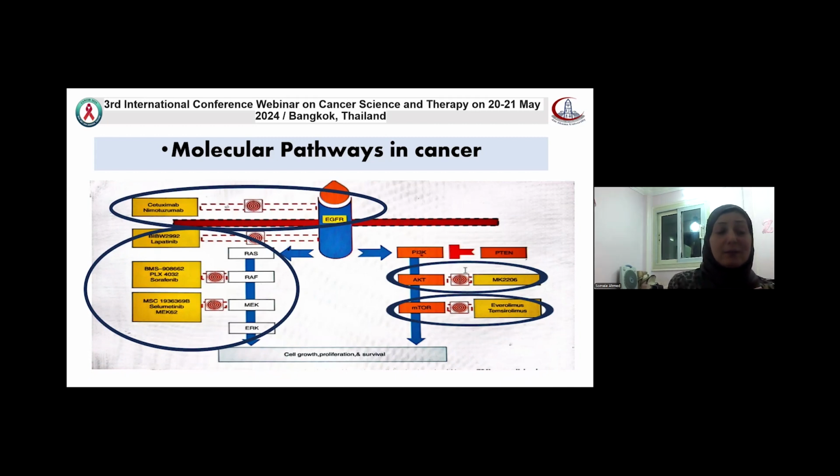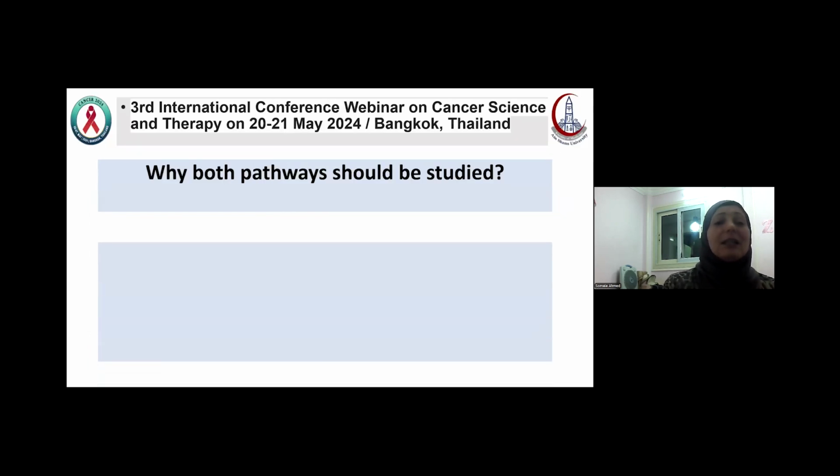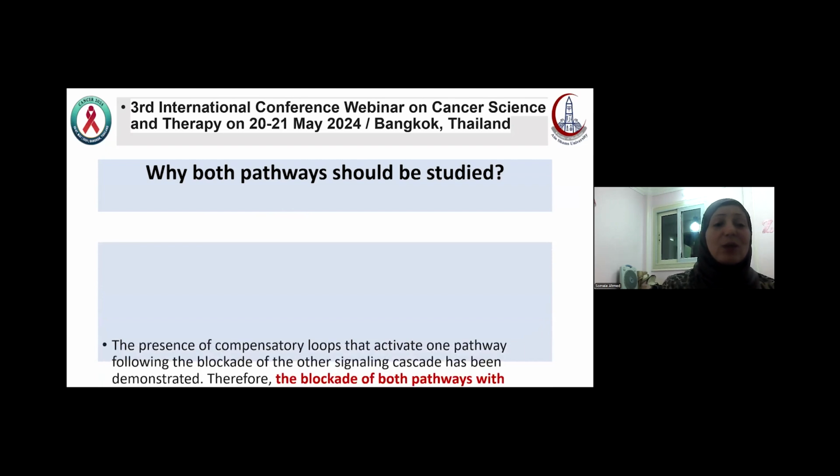So these molecular markers are very important because they are well studied in different tumors and have to be studied in all tumors. Once we discover the gene that's mutated in a tumor, we can use targeted therapy and save many patients, especially, for example, in castrate-resistant prostate cancer, who have no more treatment options till now.